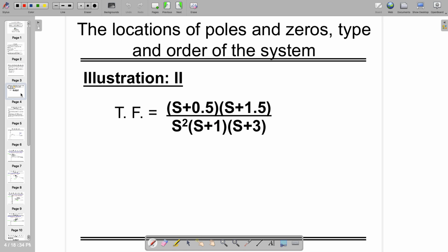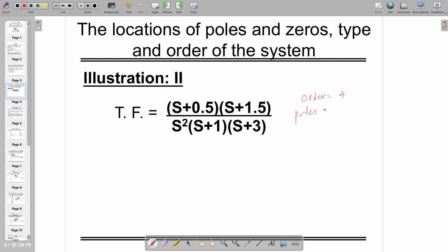Now looking at this is very easy. You just need to find out the poles and zeros and the order of the system. Here you can see that the order of the system is actually 4, because the highest degree of the numerator is 4.